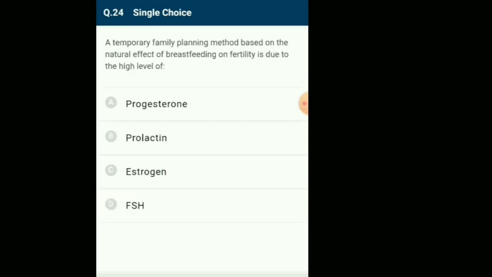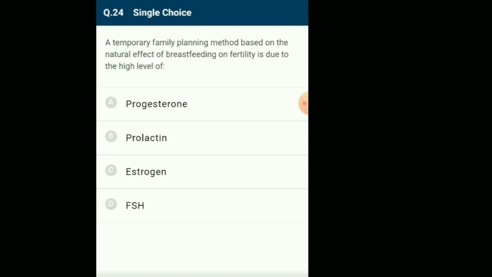Question number 24. A temporary family planning method based on the natural effect of breastfeeding on fertility is due to the high level of? Progesterone is a female sex hormone. It is produced mainly in the ovaries and it helps in maintenance of pregnancy. Prolactin causes the breast to grow and make milk during pregnancy and after birth.